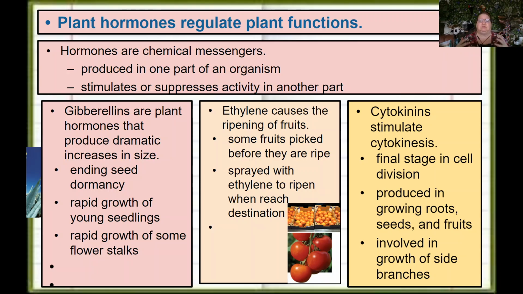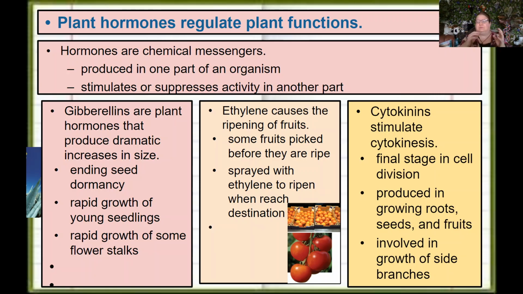Some hormones, like gibberellins, and these can have some crazy names based upon who discovered them or who gave them the name. So gibberellins are plant hormones that cause a dramatic increase in size of the plant. In fact, this was first discovered because there was a disease where a plant was infected by a fungus which produced a gibberellin like hormone.